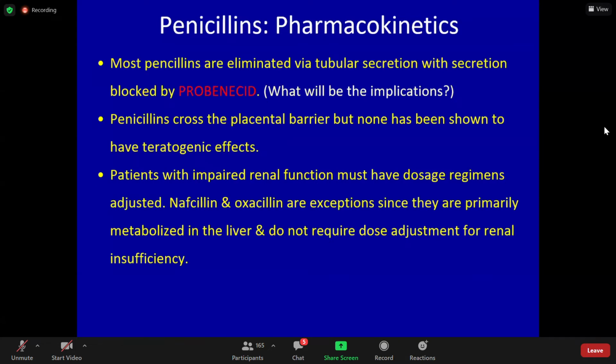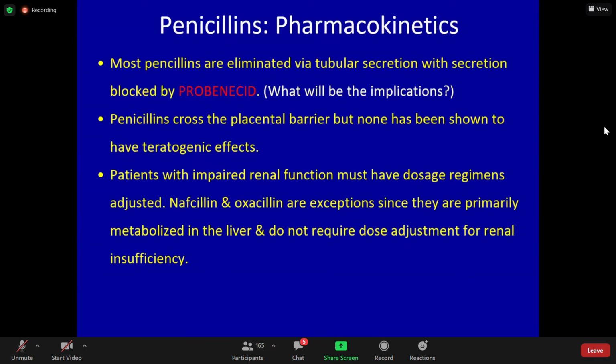Some drugs, very few, not many, are excreted through bile into the GIT, and some of them come back. This is known as enterohepatic circulation. Entero means intestine, hepatic means liver. They are excreted through bile, come back through portal circulation, and make a loop between liver and intestine.